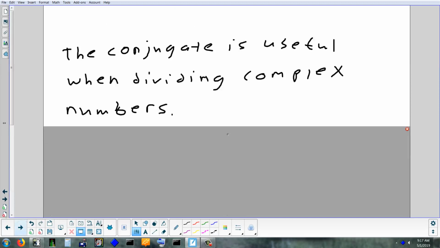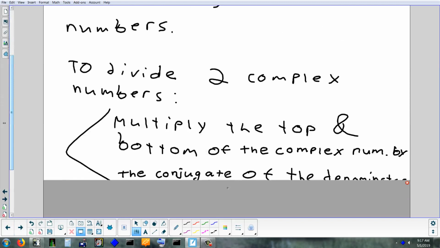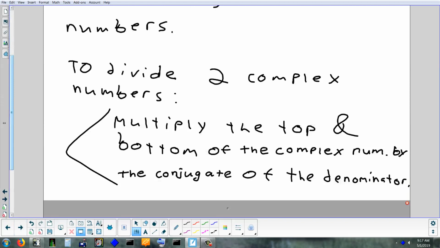Okay, so now we're ready to look at the last thing, which is how do we divide two complex numbers? Well, you're going to have to use the conjugate. So, to divide two complex numbers, you actually multiply.